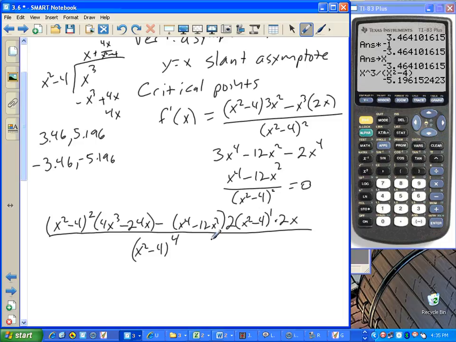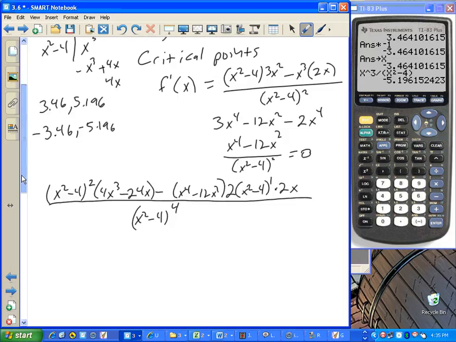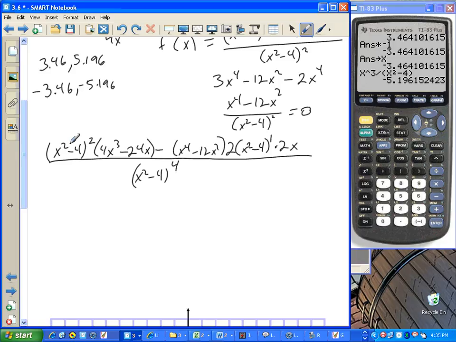So that's going to bring it to the 4th power here. Let's do some simplifying. I'm going to pull out an x squared minus 4. Okay, and then I can pull a 4 out of this, and this is a 4, so I can actually pull a 4x out of here.